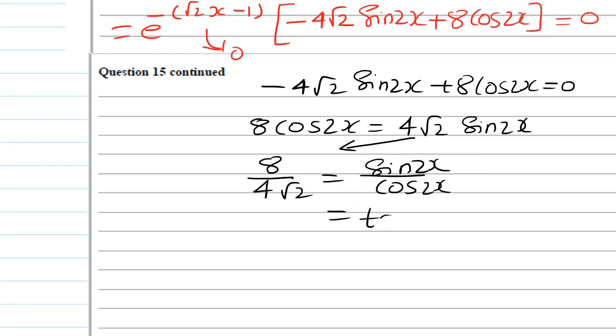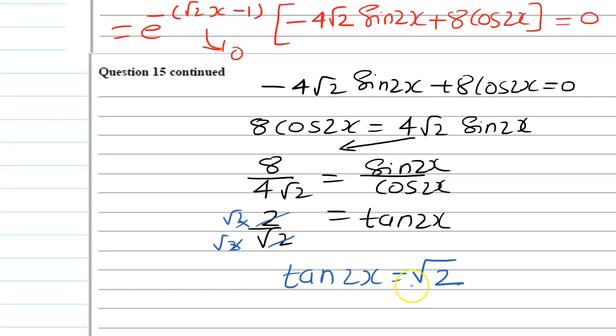Sin 2x over cos 2x is tan 2x, and it is 2 over root 2. If we multiply by root 2 on top and bottom, root 2 times root 2 becomes 2, then cancel, so tan 2x is root 2.